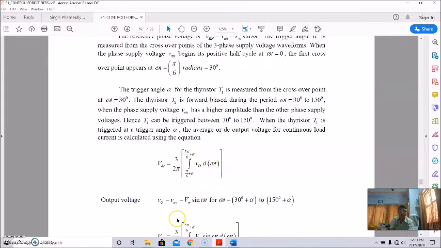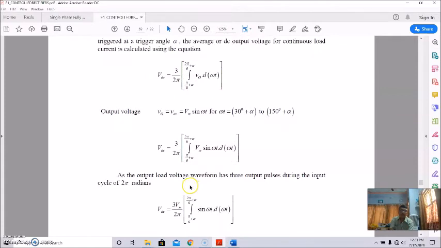Vo is the output voltage, and that will be equal to Vn, which is Vm sin omega t for omega t equal to 30 degrees plus alpha to 150 degrees plus alpha. So VDC will be equal to 3 by 2 pi, integration from pi by 6 plus alpha to 5 pi by 6 plus alpha, putting in the value of Vm sin omega t and d omega t.